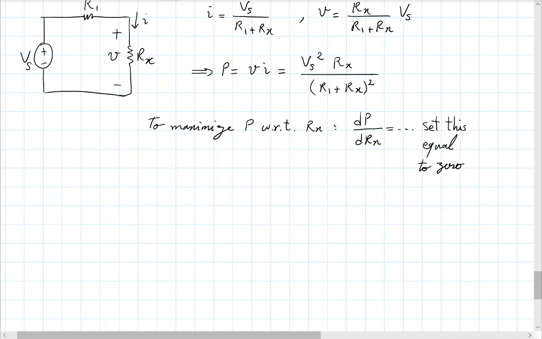And that would give you the point of maximum. Has anyone done it? What's the answer?